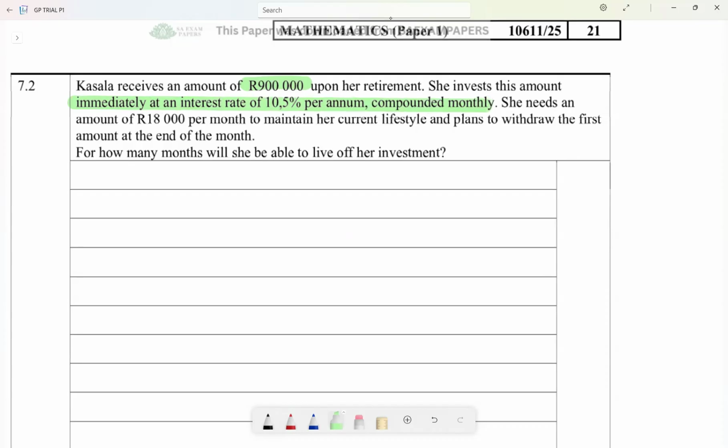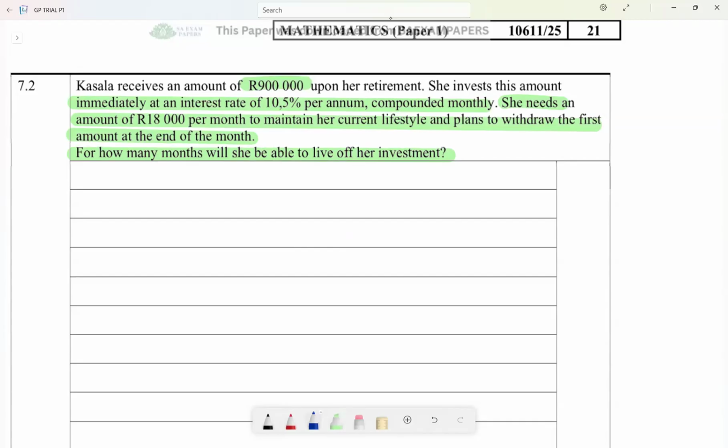They tell you that she needs an amount of 18,000 per month to maintain her current lifestyle and plans to withdraw the first amount at the end of each month. For how many months will she be able to live off her investment?